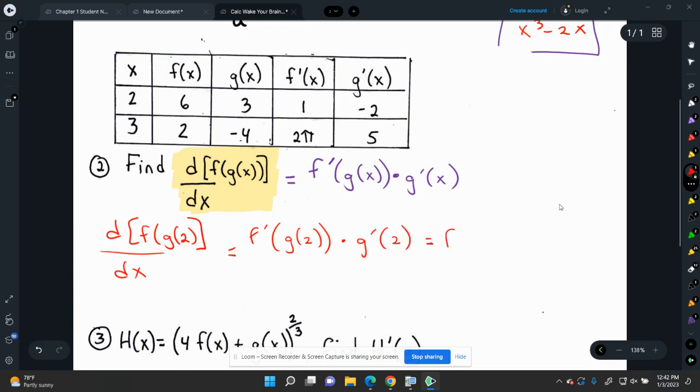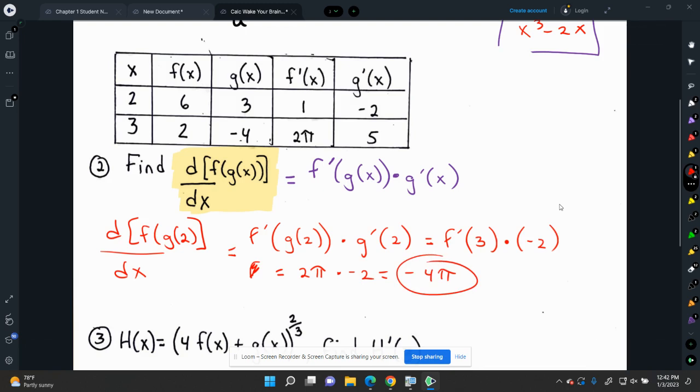So that's f prime of g of 2, which is f prime of 3, times g prime of 2, which is negative 2. F prime of 3 is 2 pi times negative 2, so we get negative 4 pi. Okay? You guys write that down. No, you don't have to.